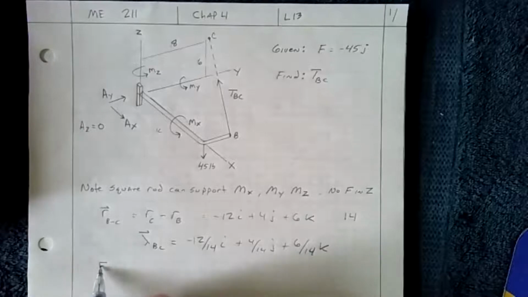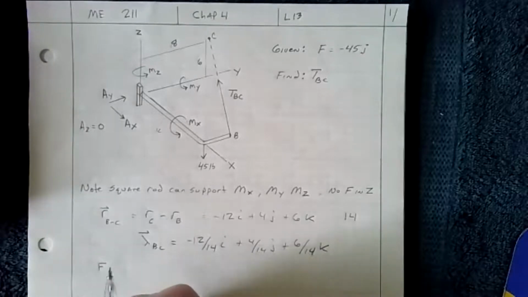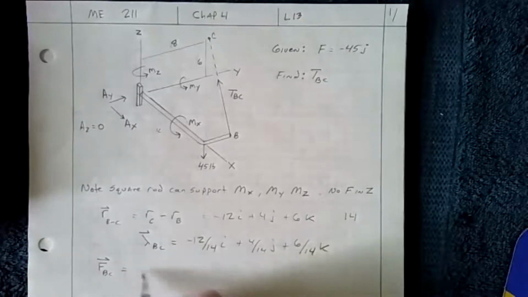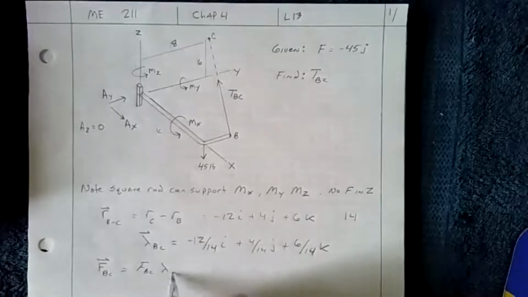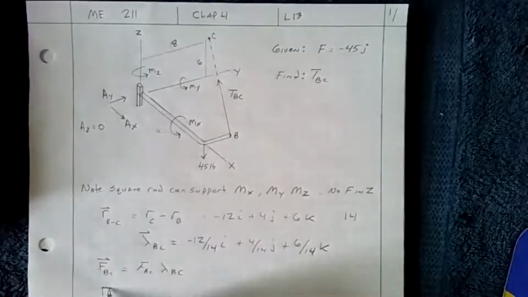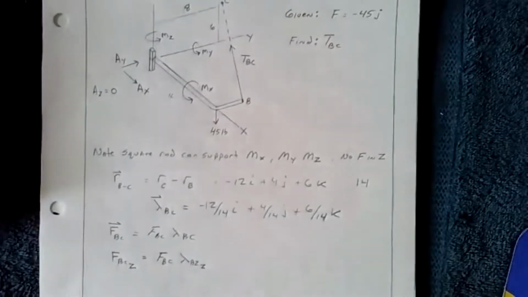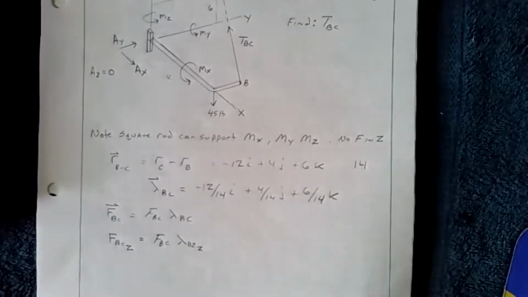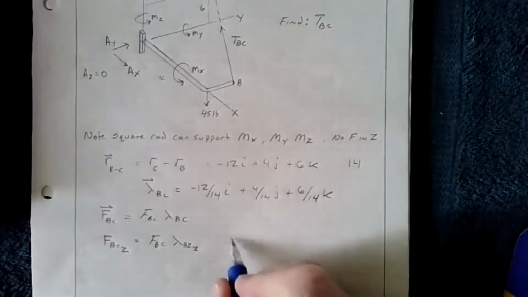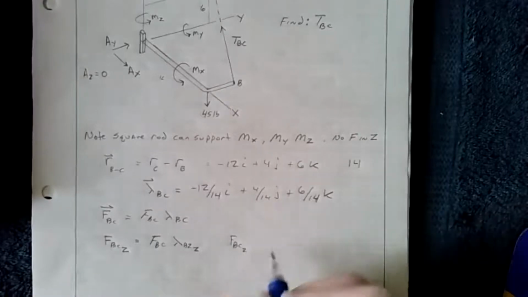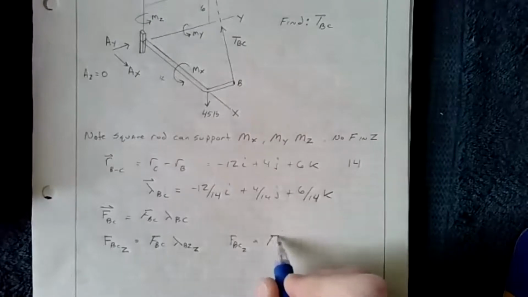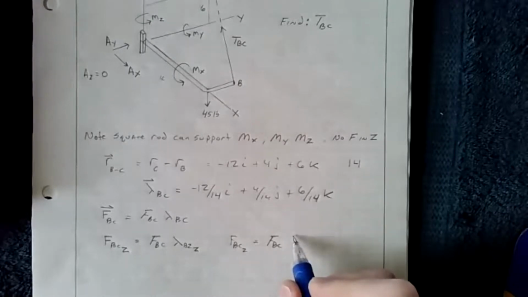Now I know that force BC vector just equals the scalar BC times lambda BC, and the z component of FBC is going to be equal to this times the BC Z. So another way to think about it is that the F in the BC in the Z direction is simply equal to FBC times 6/14.